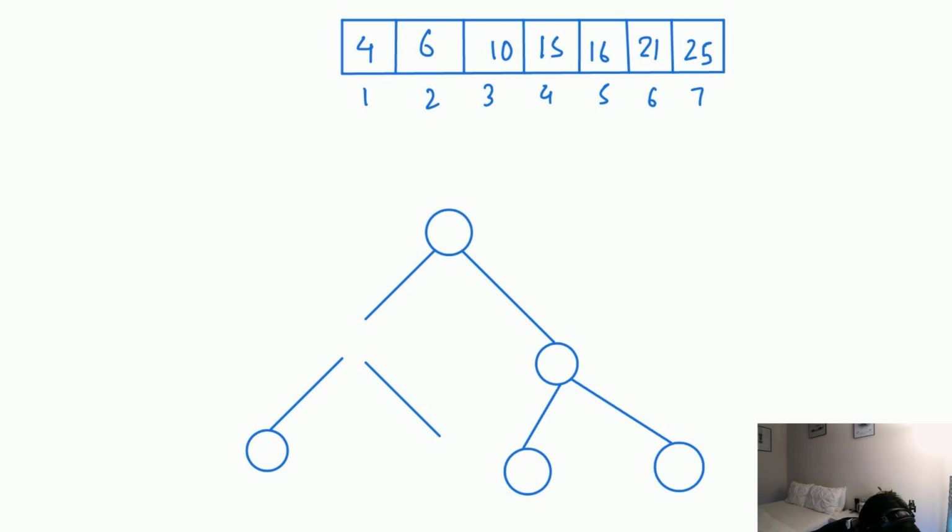So considering the root node starts at 4, the children nodes should be greater than 4. Filling it up this way, 6 and 10, the children nodes for 6 should be greater than 6. And the children nodes for 10 should be greater than 10.